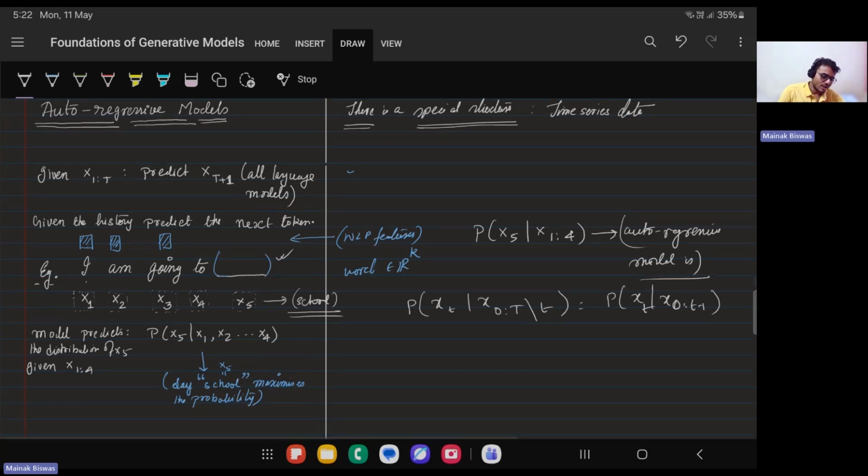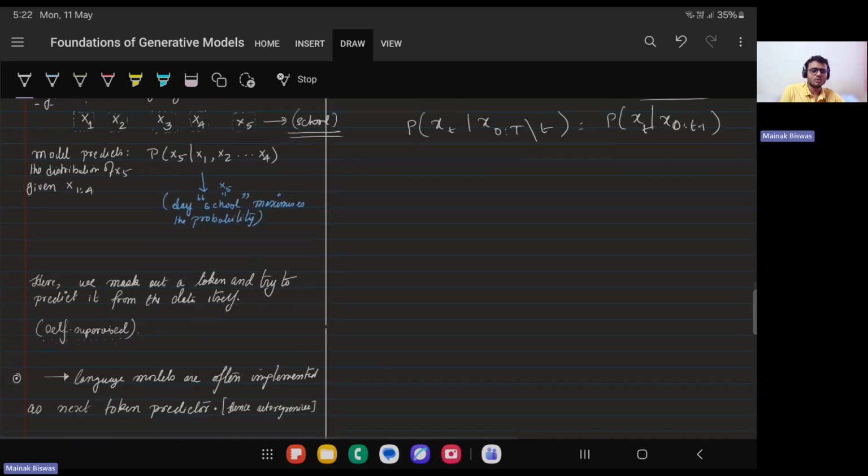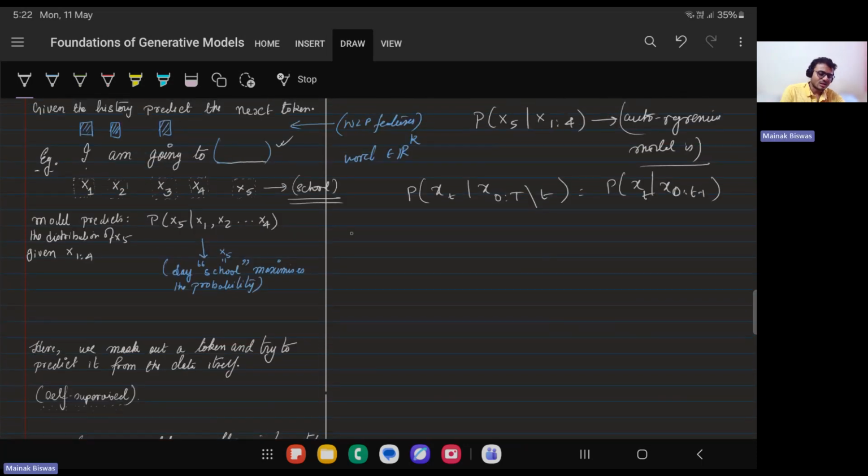This is what our language models do, and language models are sampled in this way.